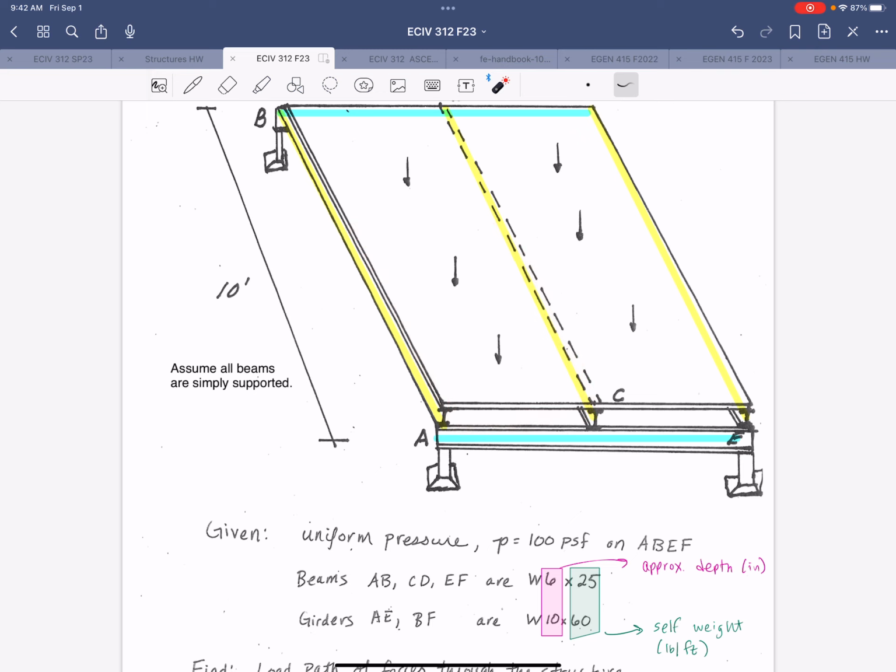That would give you the superimposed load from the surface, and then you could factor in the portions of the self-weights from the beams. It can get a little bit tricky though because you've got this center beam, so how much of this center beam is going to each column? You just have to think about all of those things, but that is one way you can arrive at the answer a different way or check your work.